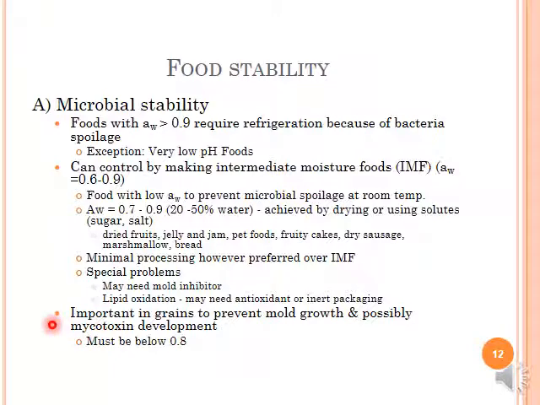This kind of microbial stability is also important in grain because we want to prevent mold growth, and then possibly mycotoxin development. So that's why grain normally must have water activity below 0.8. Otherwise mold can easily grow.